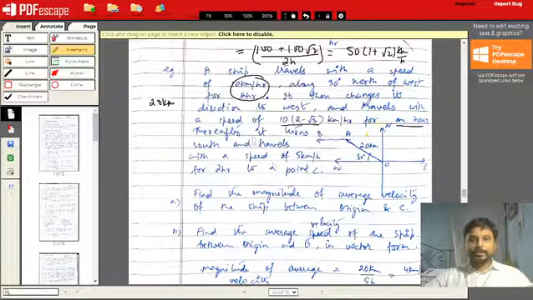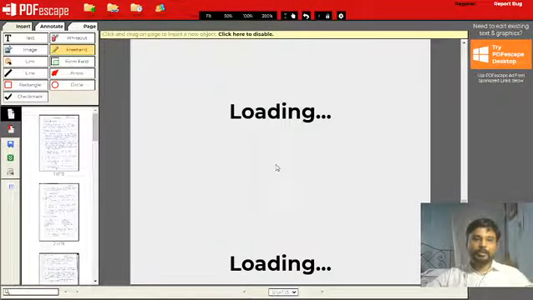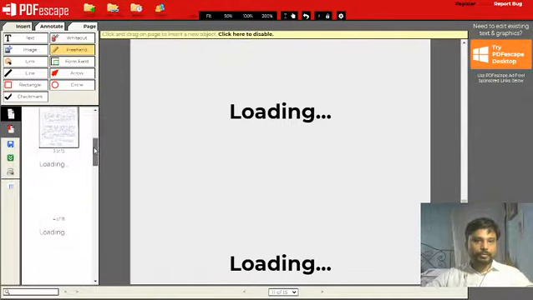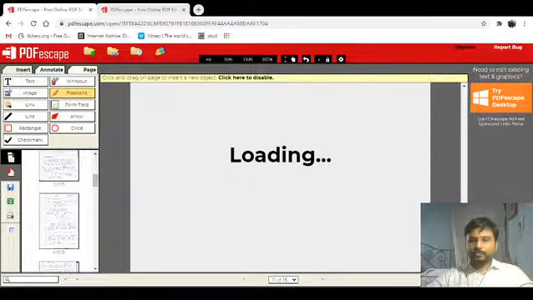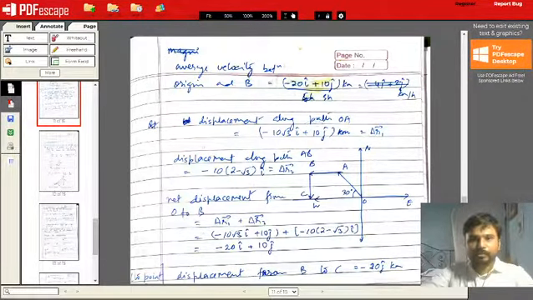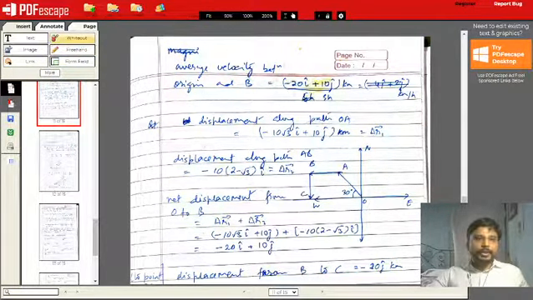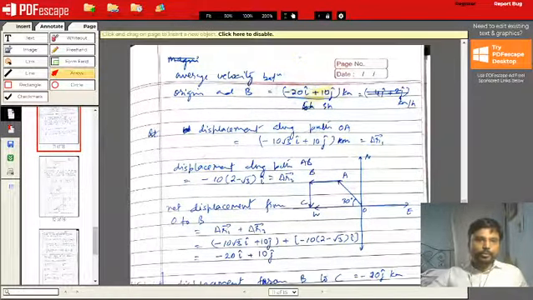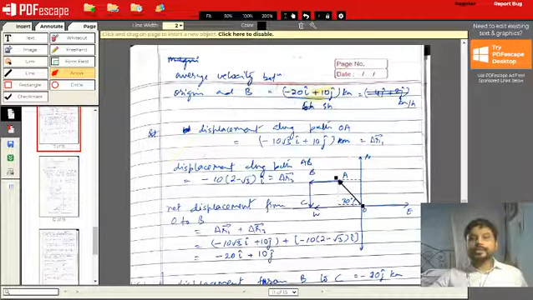So to demonstrate that, let's jump on to another figure which is drawn ahead. It is given in the question that you have to travel a distance of 20 kilometers along this 30 degrees north of west, and then you have to travel with a very peculiar speed, that is 10(2 − √3), for 1 hour.